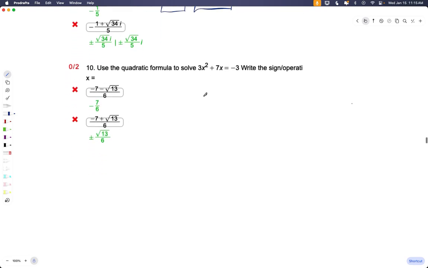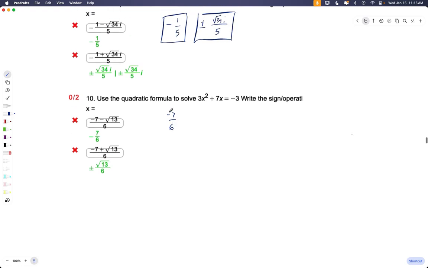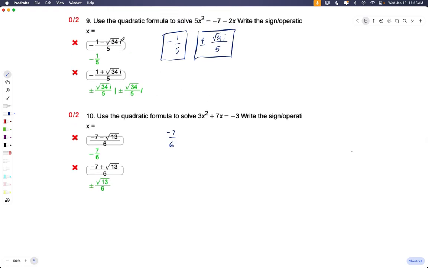And then down here, again, you've got the right answer, but it wants you to do negative 7 over 6. The reason it's doing that is because, especially when you have that imaginary number in there, we're not supposed to write these as one fraction. They are supposed to be two separate terms without a common denominator.